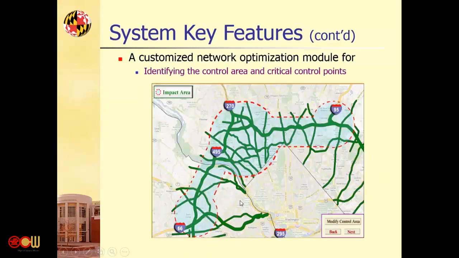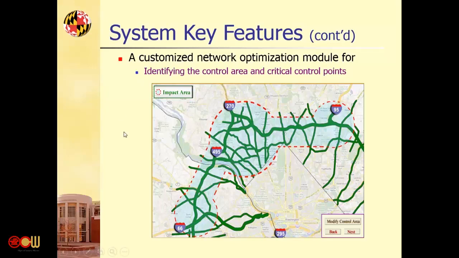And this is useful for defining where the control area is. Okay, you have an impact area, and you also have a control area. Control area means that within those impact areas, you need to apply on-ramp and off-ramp control, freeway mainline speed control, or reverse lane operation.